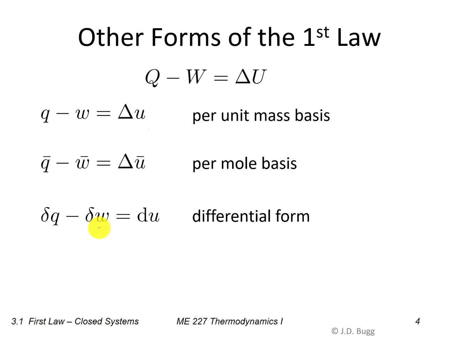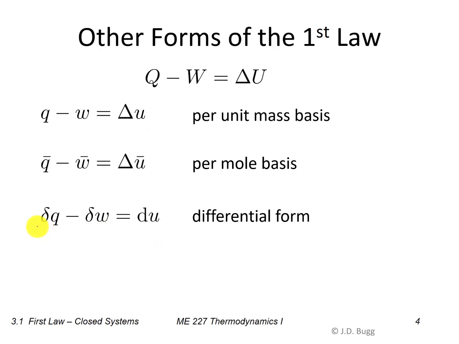Notice we use a little bit different notation on the right-hand side and left-hand side of this equation. When we're talking about something that is a function of state, like internal energy, we use a d to represent a differential amount of that. And that's, of course, how we're used to doing this in differential calculus, dx, dy, and variables like that.